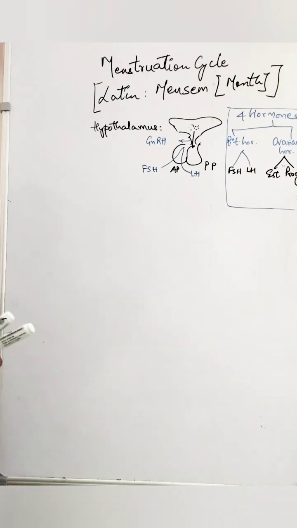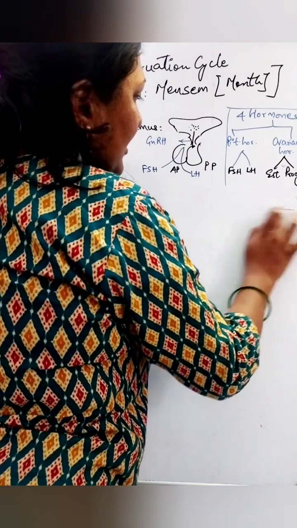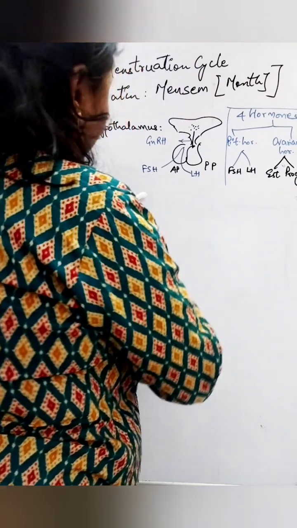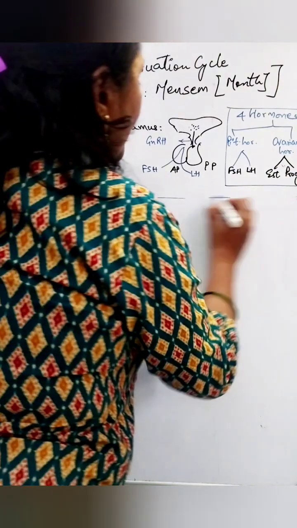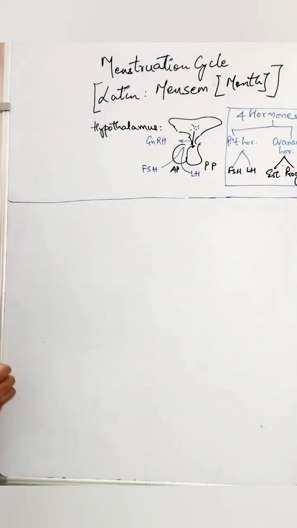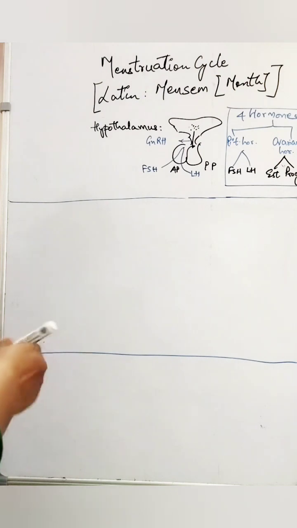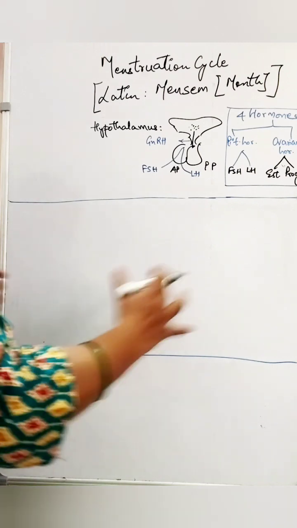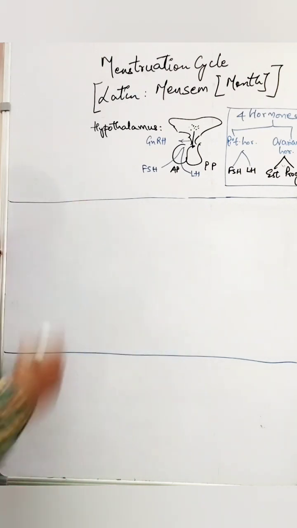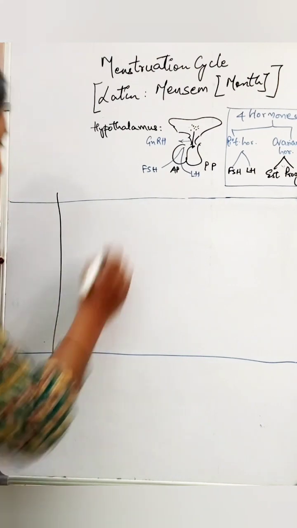Now let's go straight into how exactly the menstruation cycle occurs. The menstruation cycle is divided, so I will draw like this, into 4 phases. I will divide the entire cycle into phases, and I'll leave some gap here.